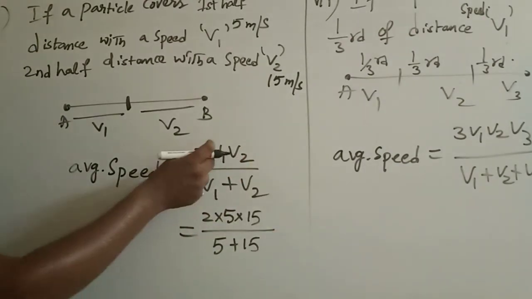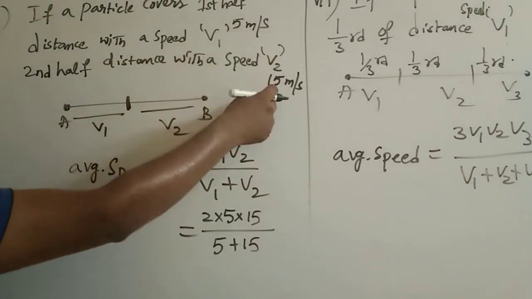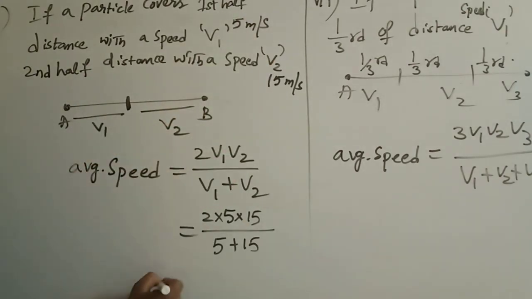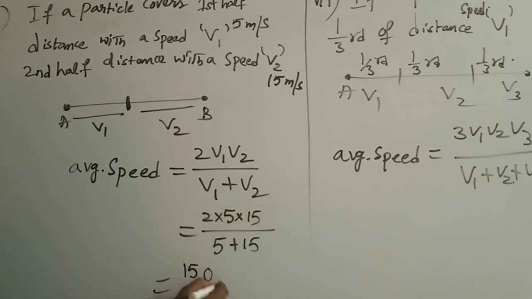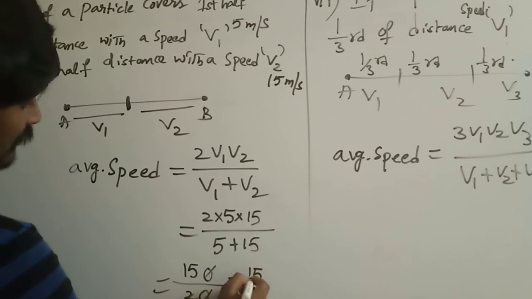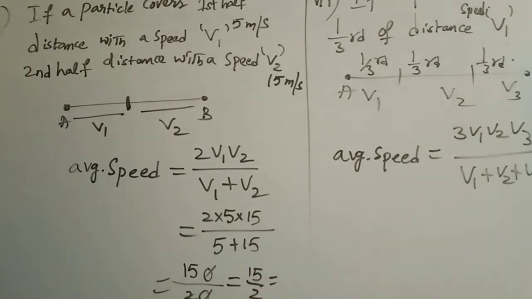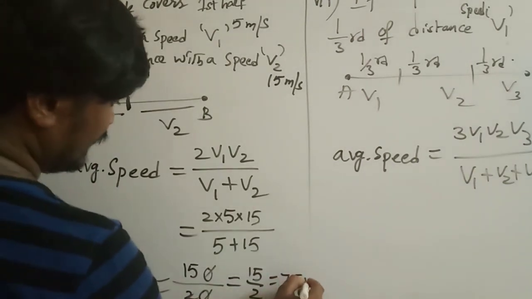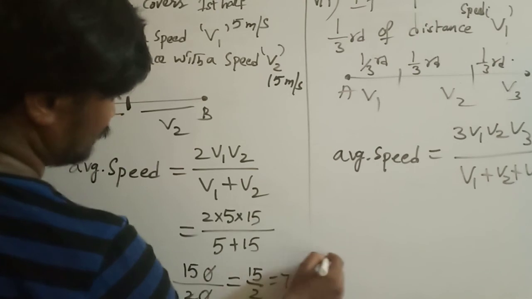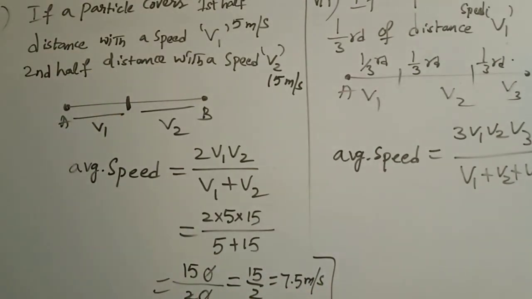So 2 5s are 10, 10 into 15, 150 upon 20, and you get 15 upon 2, which is 7.5 meter per second. So that is your average speed.